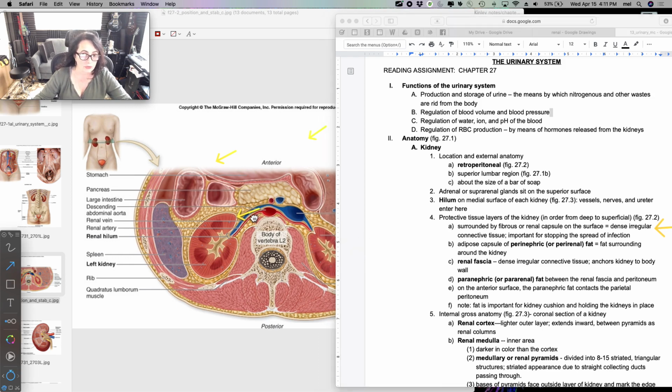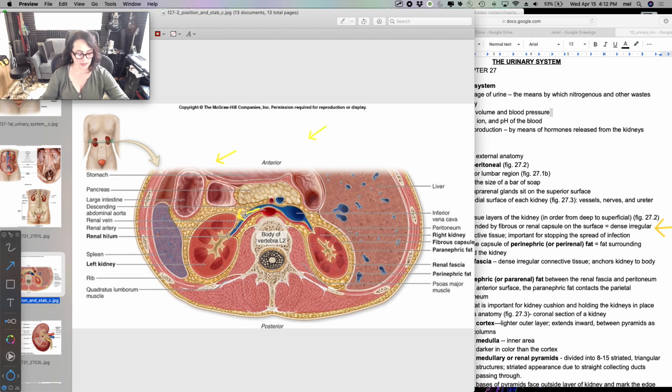Okay, so the first layer that you run into, which is in that color right there, is called the renal capsule or the fibrous capsule. And then as we start moving out, the next layer you're going to run into is the first layer of fat that is packing around the kidney.